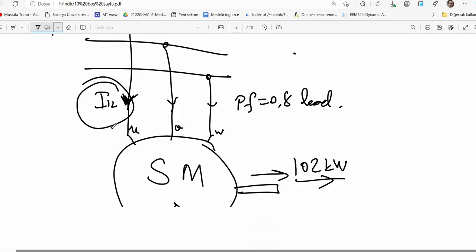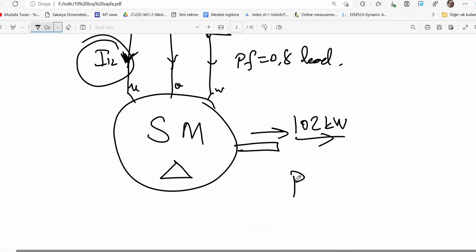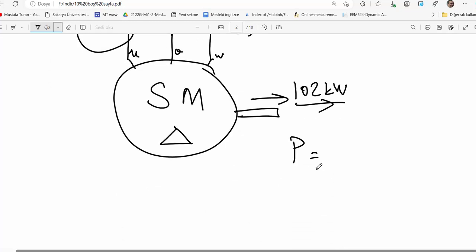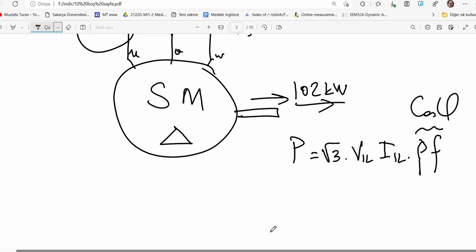Now it looks easy. Power in 3-phase systems can be written in 2 different equations: square root 3 times line voltage, line current, and power factor, or cosine phi; or 3 times single phase voltage, single phase current times power factor.